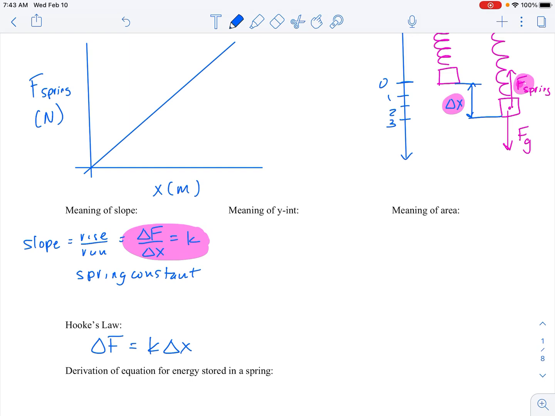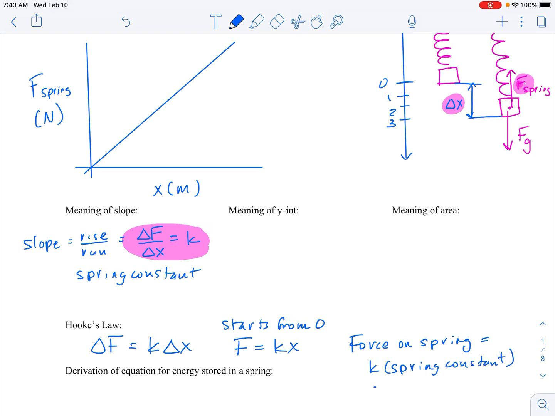If the spring starts from 0, then I'm just going to write Hooke's law as F equals kx. In other words, the force on the spring is going to equal k, which is our spring constant, times the distance it's stretched.